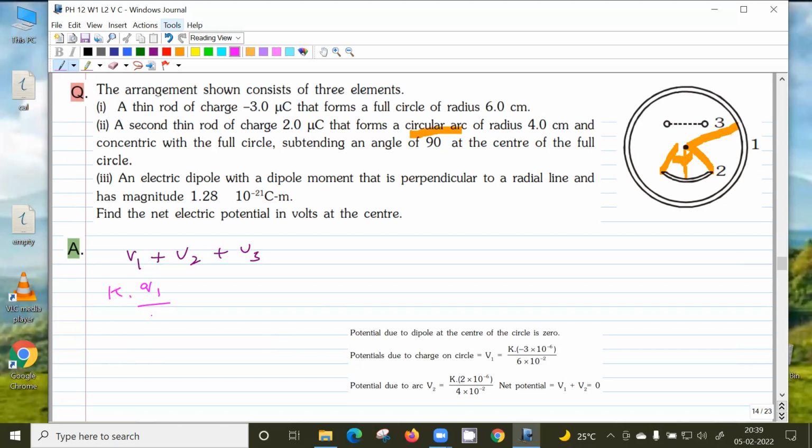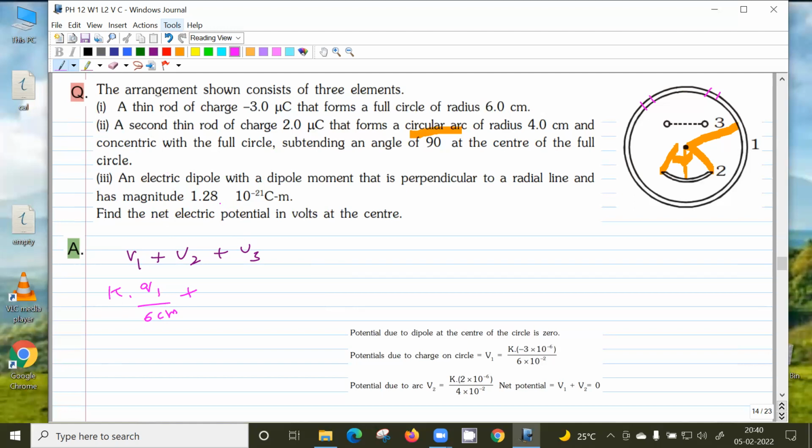All the elements of the first one are at the same distance, 6 centimeters. If I take an element here and an element here, is the potential of these two elements same or different? Same potential, and potential is a scalar quantity, so we just add them. So the total potential is Q1, the total charge of element 1, divided by 6 centimeters.